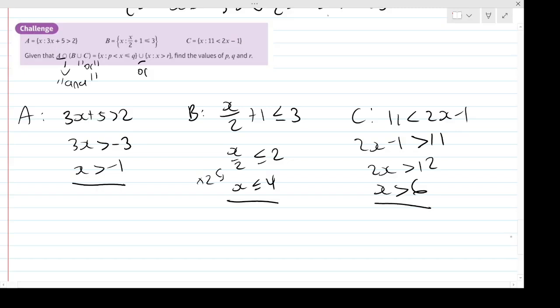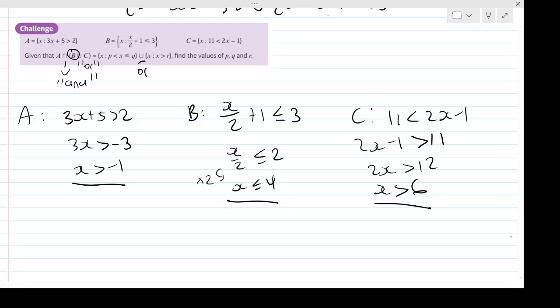Now let's have a look at this statement again and see what it's really saying. Remember, the set A just boils down to x greater than -1. Similarly, B just means when x is less than or equal to 4, and C is just the values of x greater than 6.